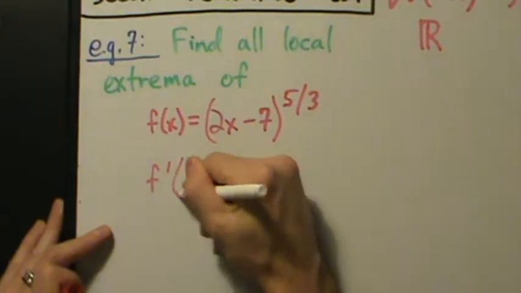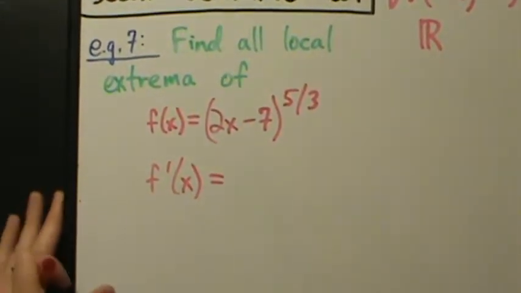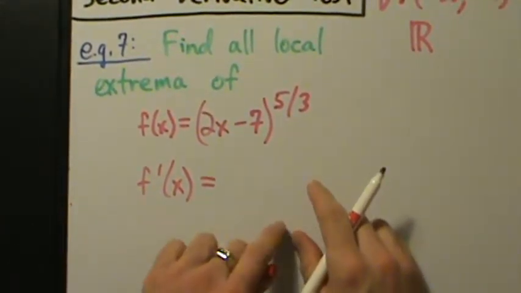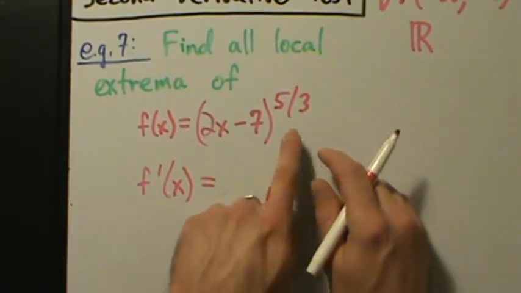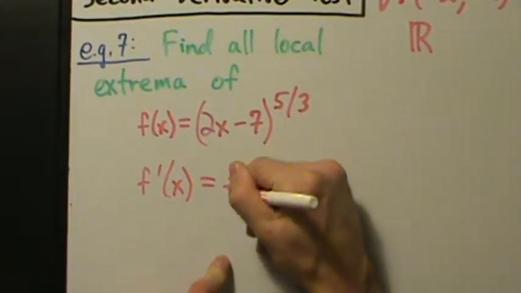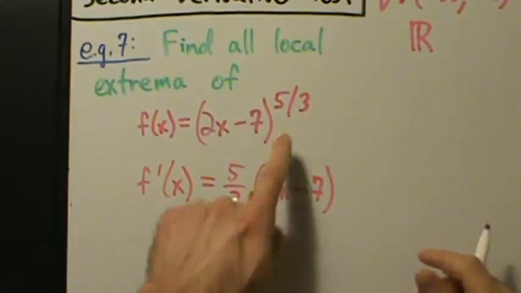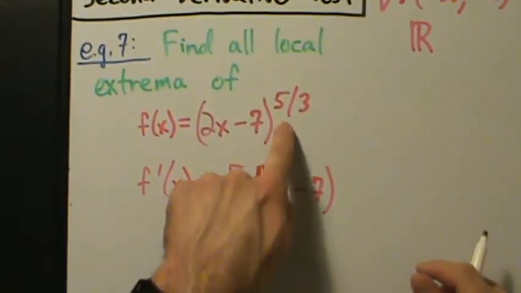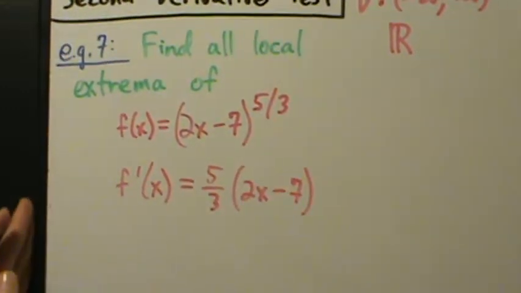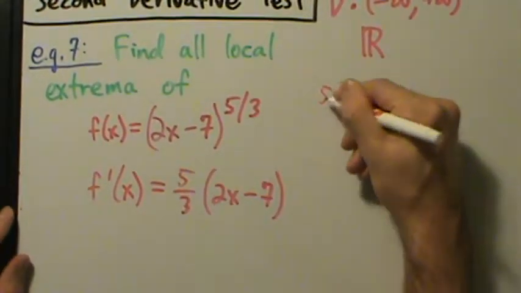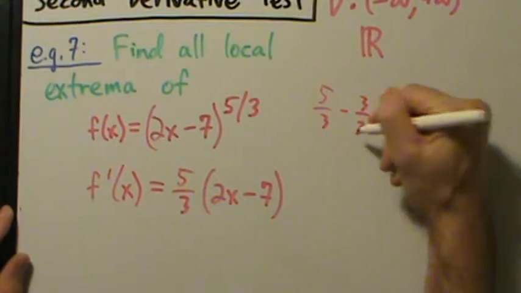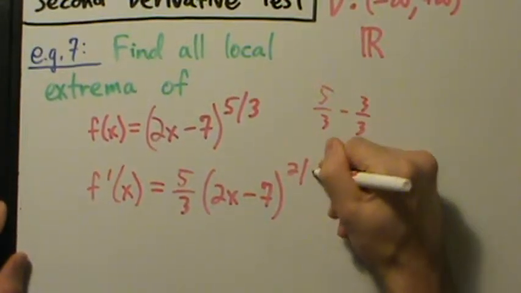First we take a derivative. Power rule with the chain rule. Power rule says bring that 5/3 down, and leave the inside alone. Now we subtract 1 from the exponent. So 5/3 minus 3/3 is 2/3.